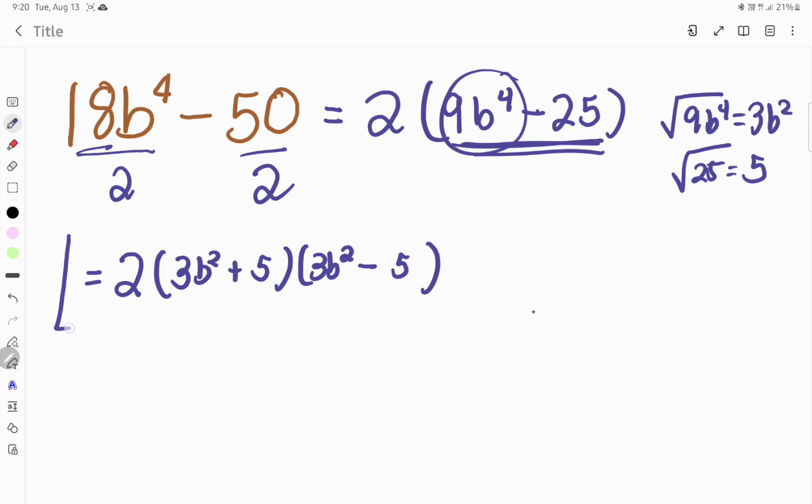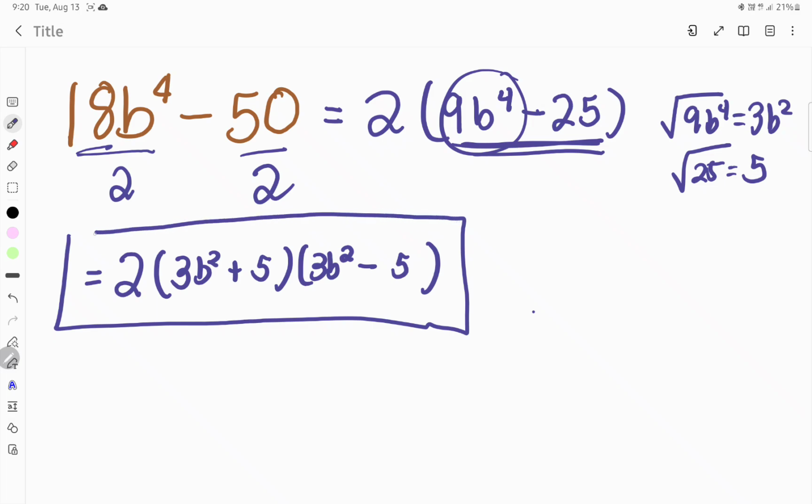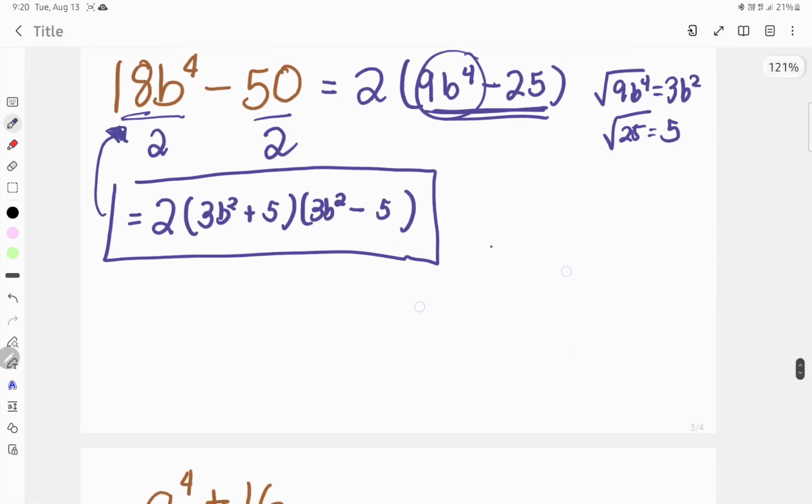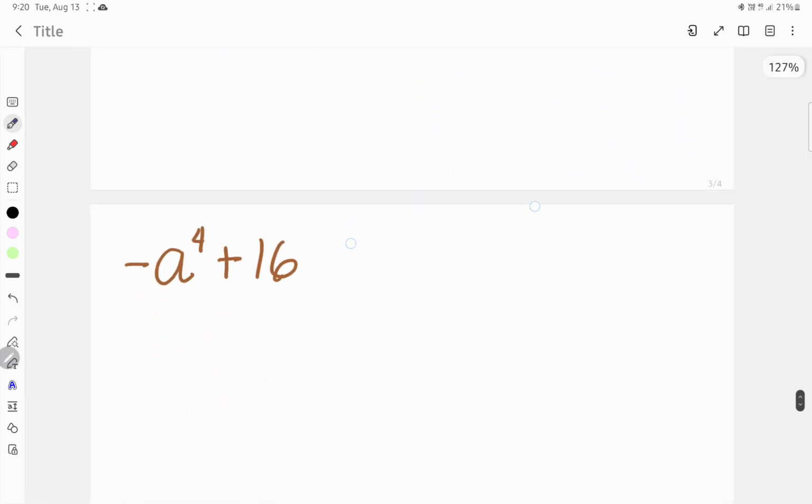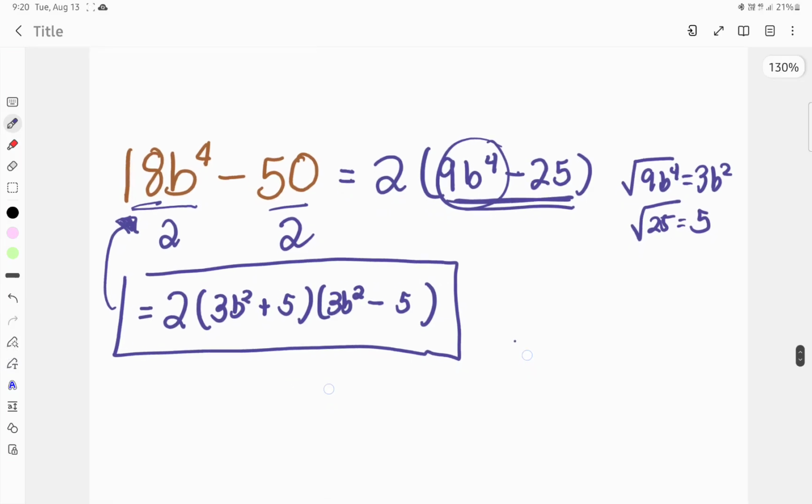So, to factor completely the expression 18b to the fourth minus 50, the correct answer would be 2 times (3b squared plus 5) times (3b squared minus 5). Okay. So I think this is one of the challenging parts.